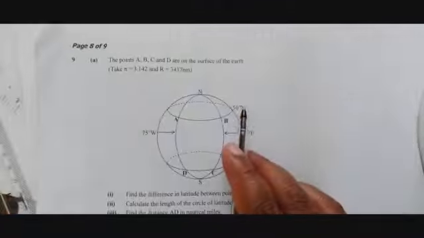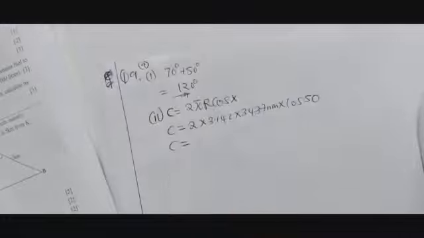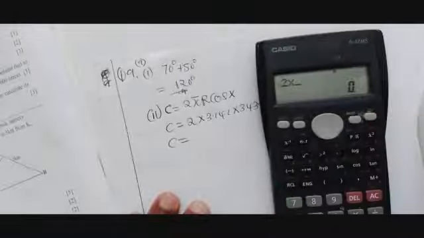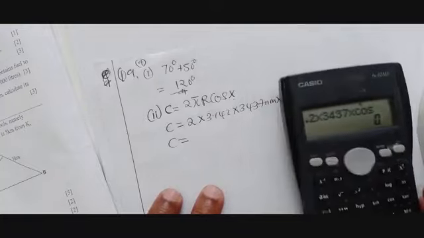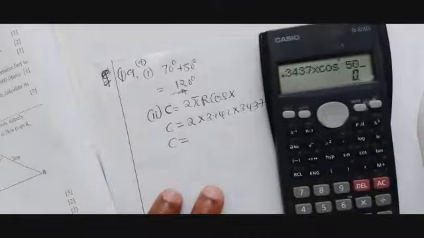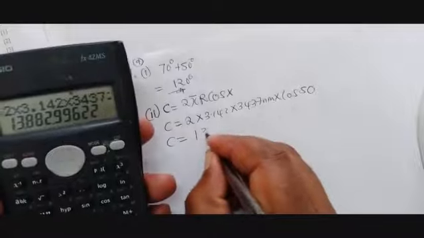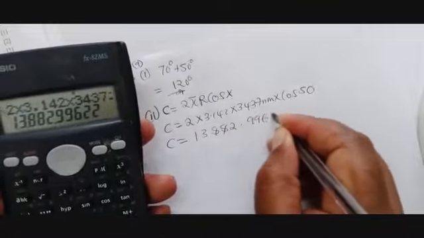50 degrees. Okay, so our circumference is equal to, all right, you get your calculator, you say 2 times 3.142 times 3437 times cos 50 degrees. What do you get? You have got 21882.99622 nautical miles.